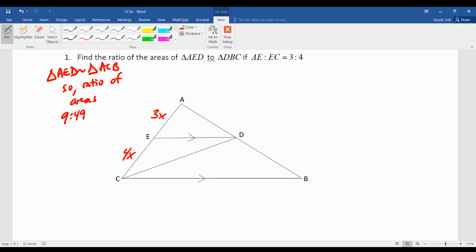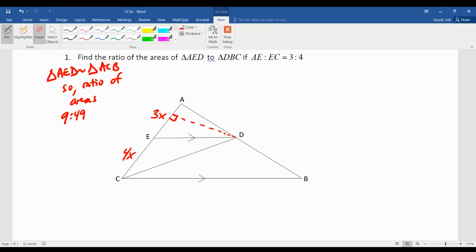Now what I want to do is take a look at these two triangles here. We know that this side to this side is 3 to 4. But we also know that they would have the same invisible height. It would be here someplace. That's the height of this triangle up top, but it's also the height of this triangle using this as the base.